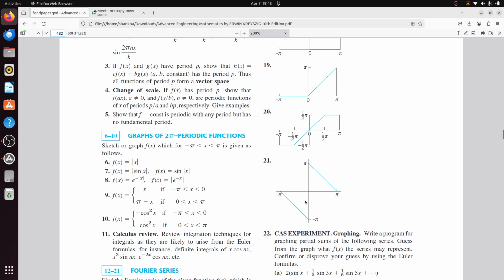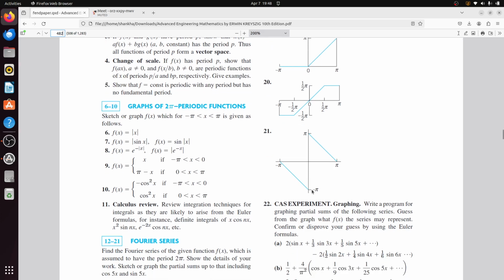This problem, can you tell me what is this problem? This problem is also 21, is also a very interesting problem.